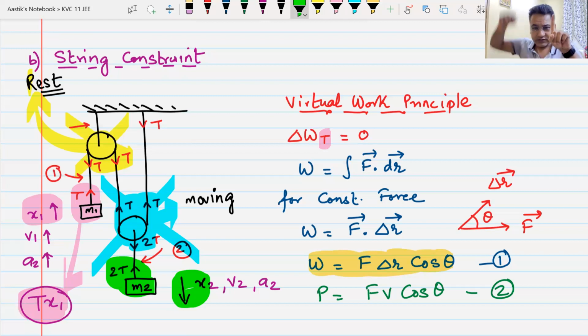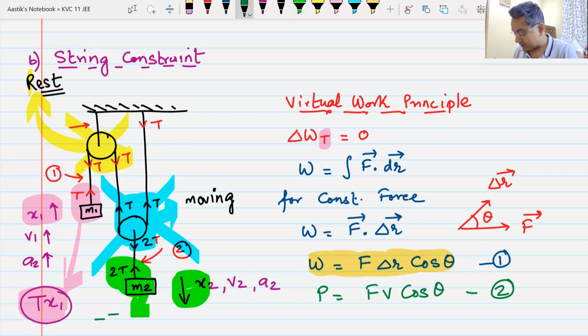Force is upwards, displacement is downwards. 180 degrees, sir. And what is cos of 180? -1.